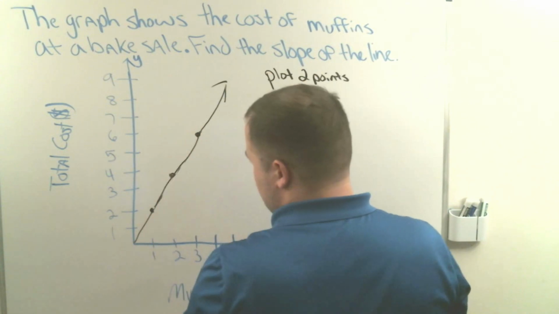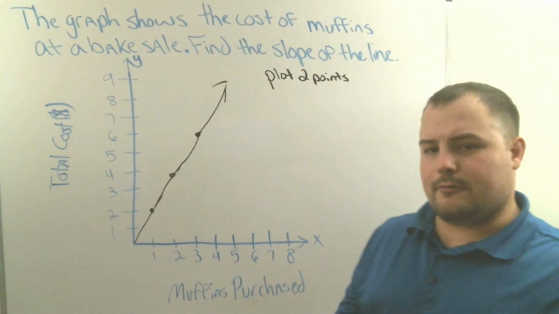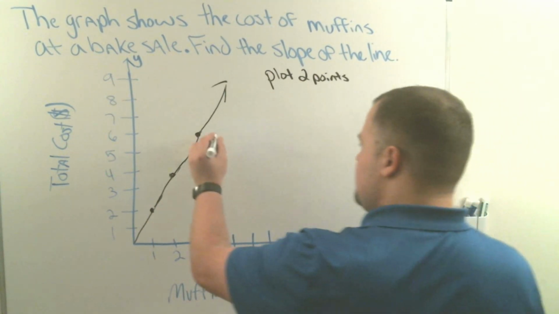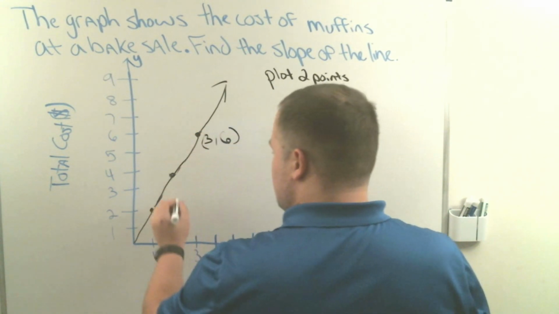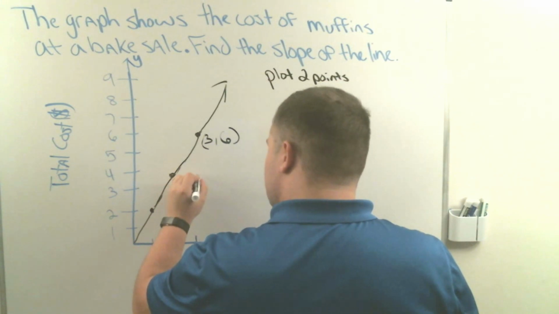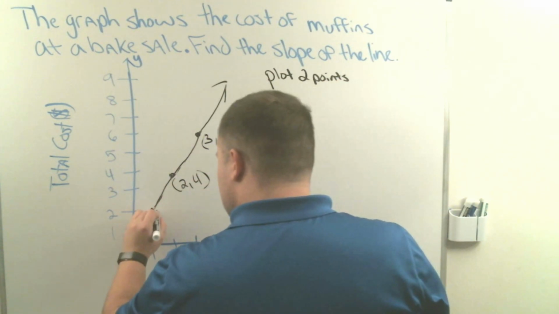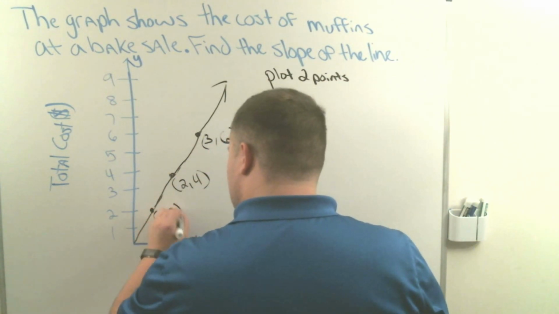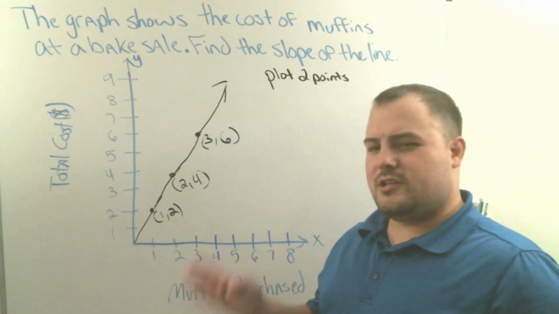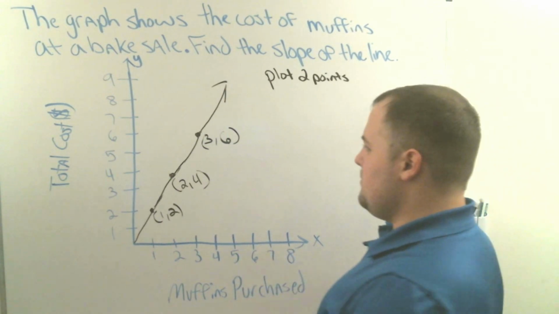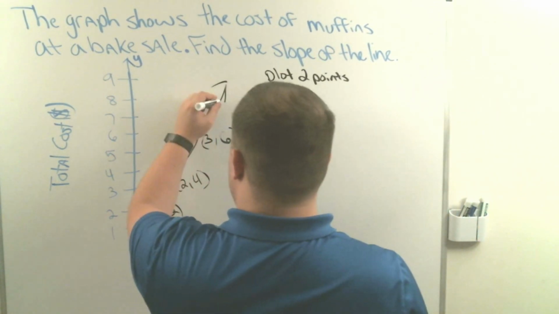So 3 and 6. Okay, so I plot 3 points on the line. This point right here is 3 muffins, $6. This one is 2 muffins, $4. And this one is 1 muffin, $2. So I want to find the slope, and I only need 2 points, but I put 3 points on here, and I could probably put a 4th point on here, and I go up here, and there it is.